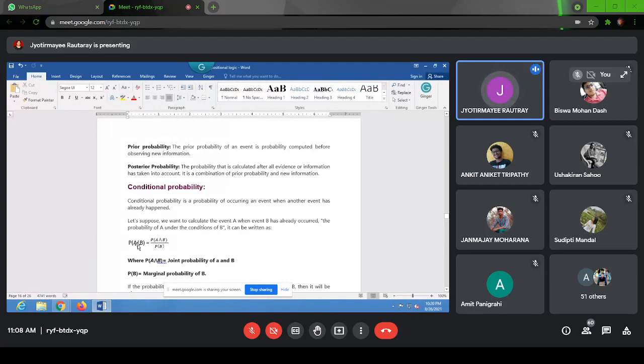That will be written as probability of A given B. That indicates the probability of A where event B has already occurred. Its formula is the probability of A and B divided by the probability of B. This probability of A and B, we call the joint probability of A and B.